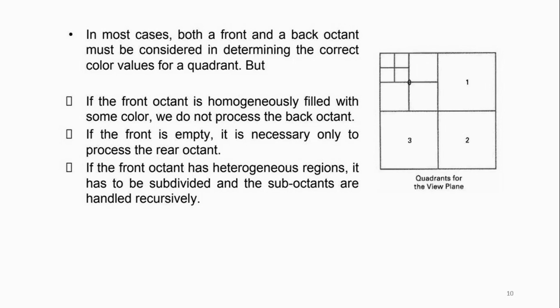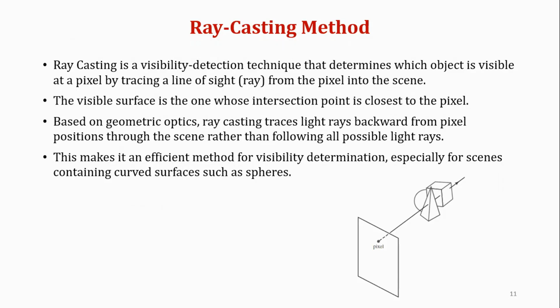So moving on to the next method, the ray casting method. Ray casting visibility determines whether the object is visible at each pixel. So it is image based. The basic idea is inspired by geometric optics. Instead of processing the object first, the algorithm starts from the viewer's point of view. From the viewer's point of view, for every pixel on the screen, an imaginary ray is projected onto the screen.